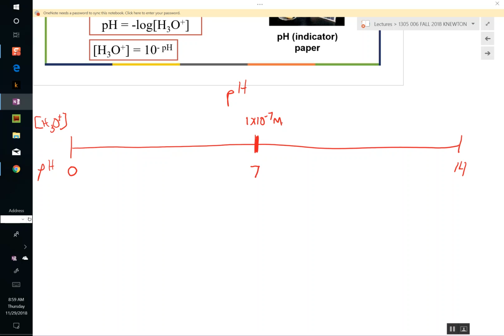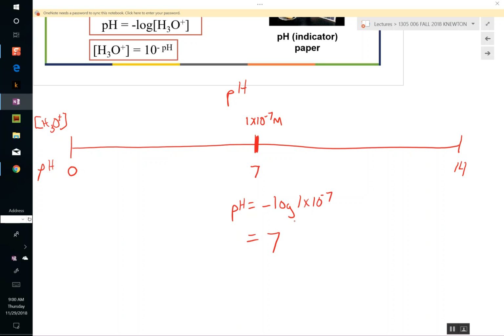So here's the hydronium ion concentration in neutral water. Take the negative log of 1 times 10 to the minus 7th, and you get 7. See, that's where that's coming from.